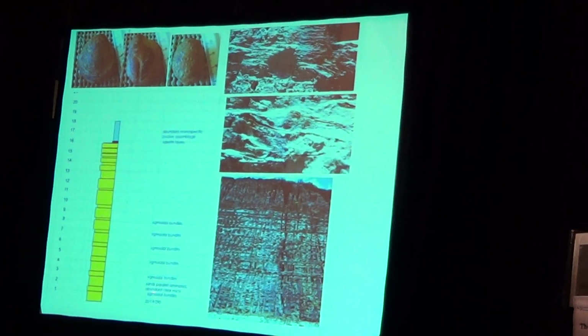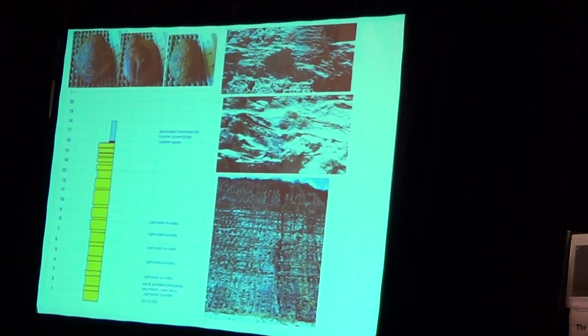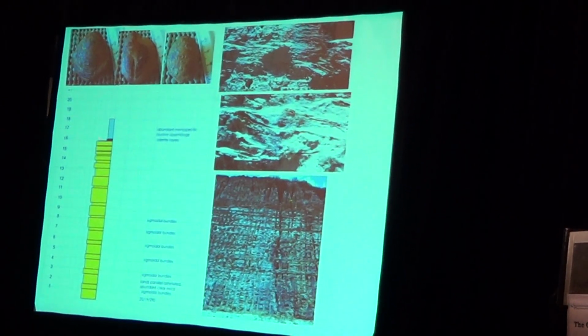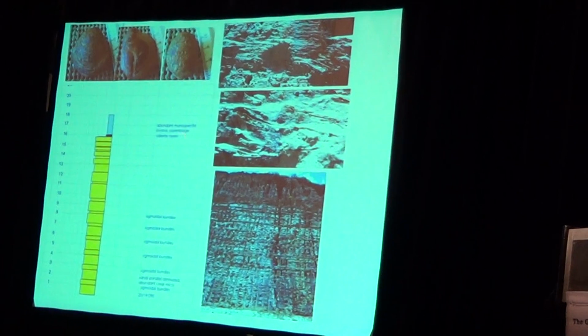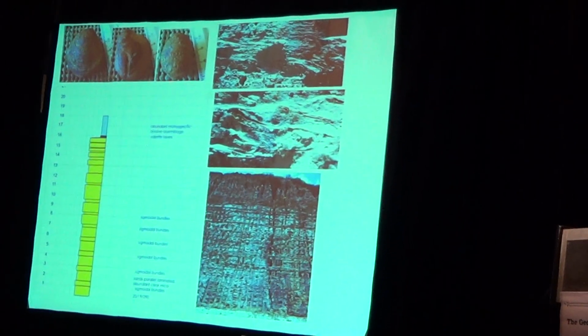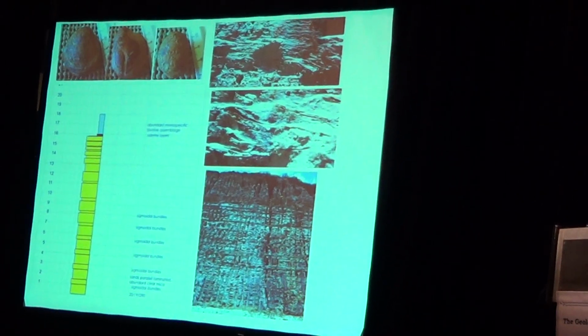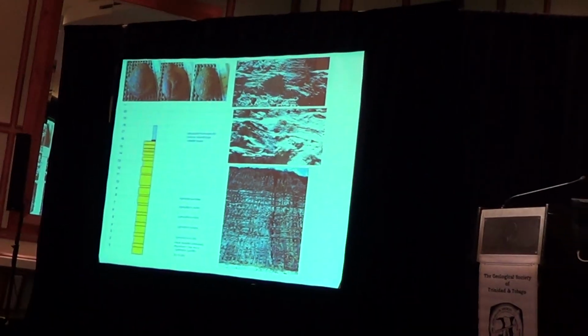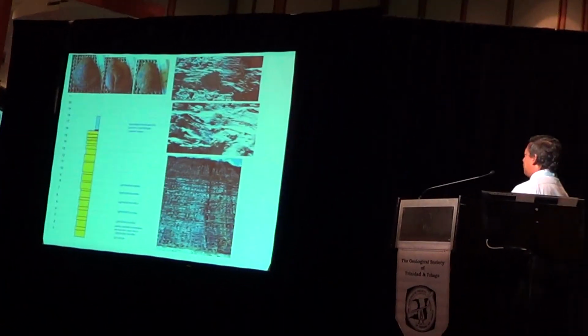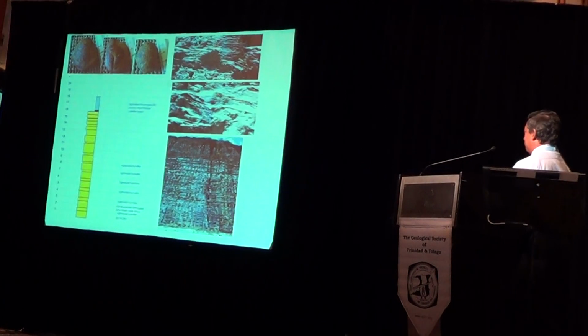So dominantly sand, we see lots of sigmoidal bundles, and there's a very abundant monospecific bivalve assemblage at the very top of this unit. And it's the only place you actually find these bivalves, at the top of the sand.